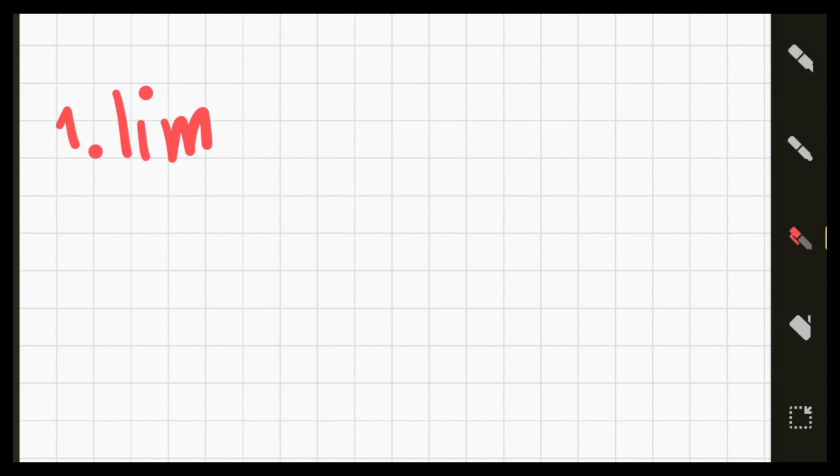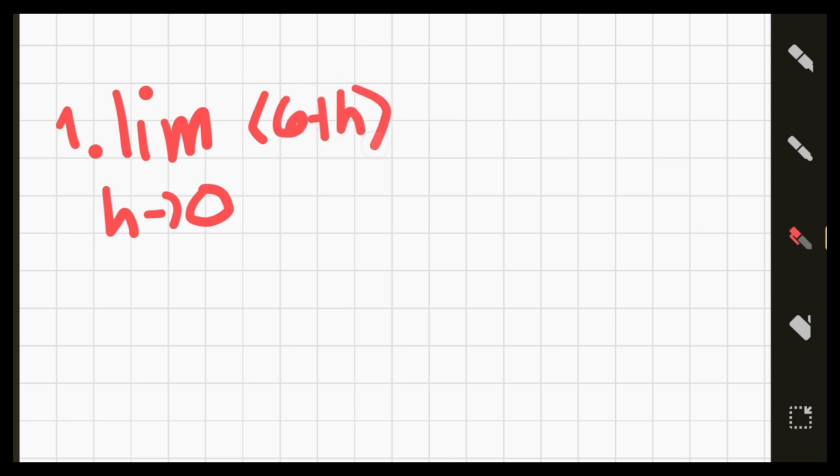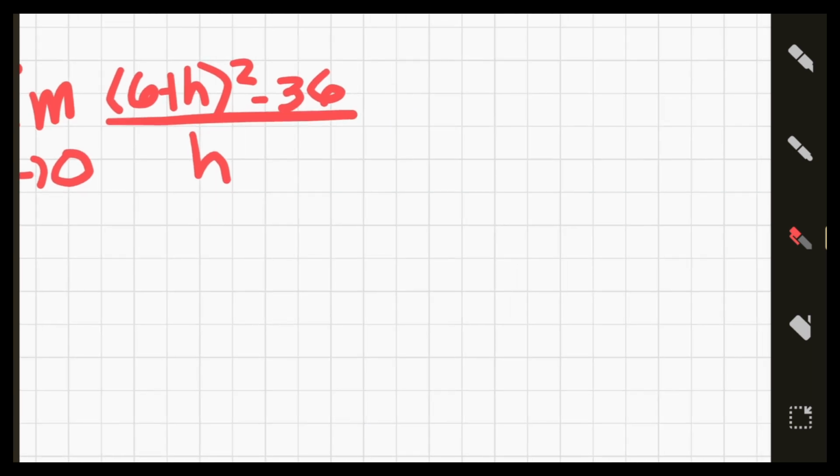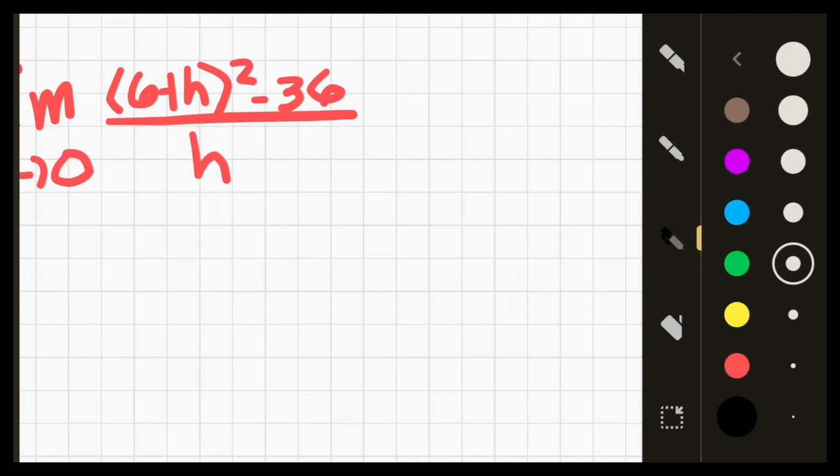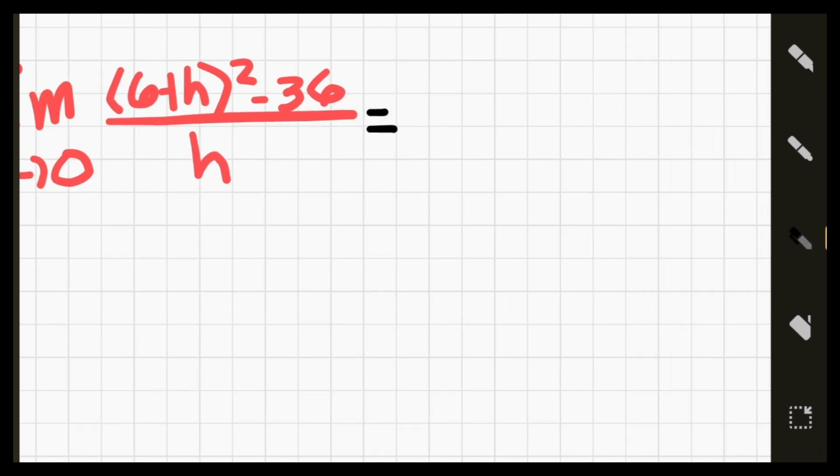The limit as h approaches 0 of the expression (6 plus h) squared minus 36 over h. In this case, we'll be using the FOIL method in the numerator.